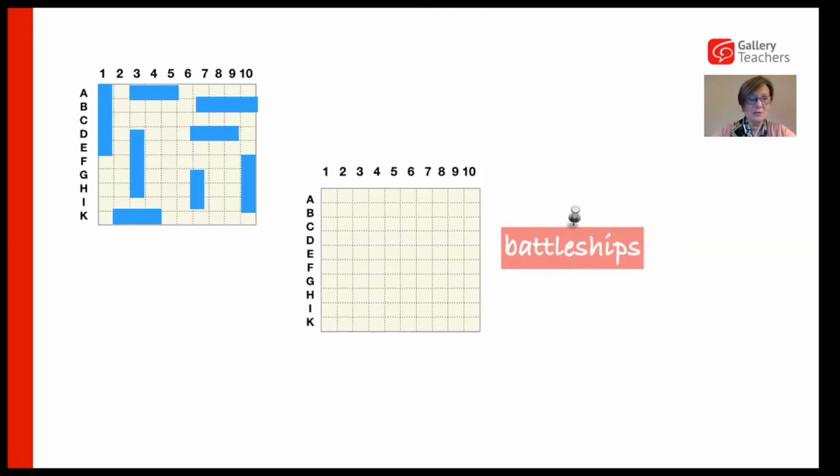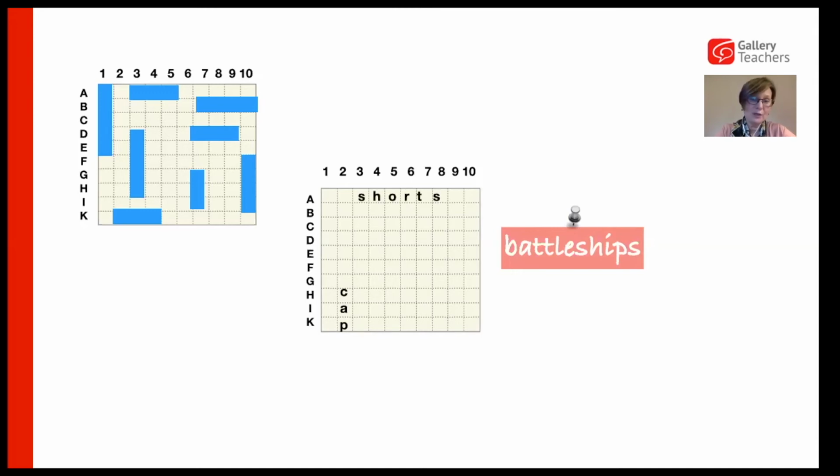So what about A1, and then you say hit. Or if you say, okay, A2, you say miss, or something like that. So you need to find out all the shapes. Instead of shapes, you can use different vocabulary, and you can agree on how many words you have.